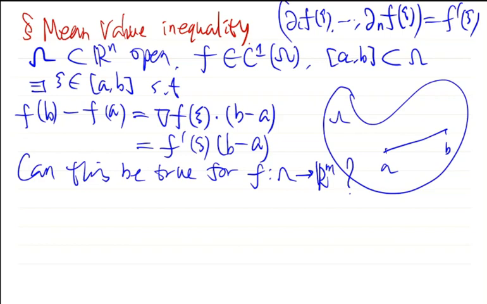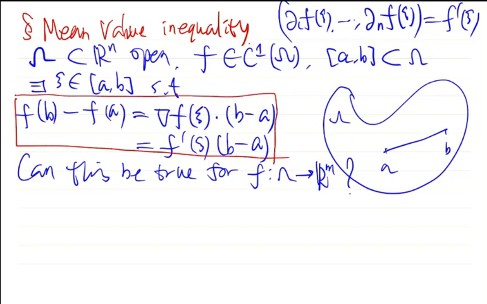Why is this no? Because a natural idea to generalize a result for real valued functions to vector valued functions is to apply the real valued result to the components of the vector valued function.